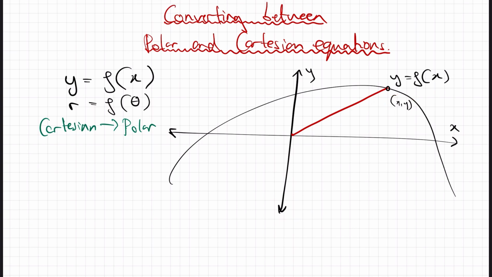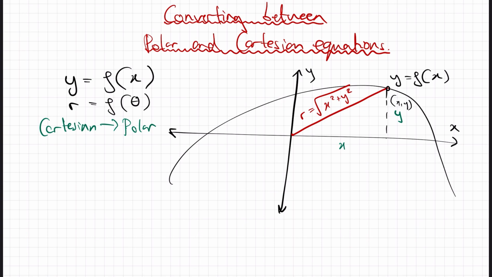What we can do is draw this triangle, and now we see that x is the base and y is the height, and r, using Pythagoras, is the square root of x squared plus y squared. We don't worry about negative because r can't be negative. So there's our first part: we've got r in terms of x and y.